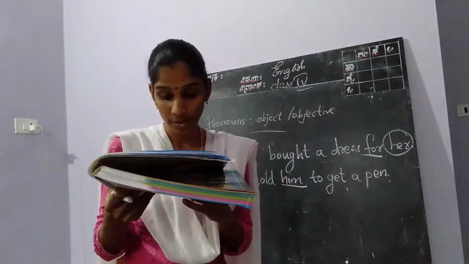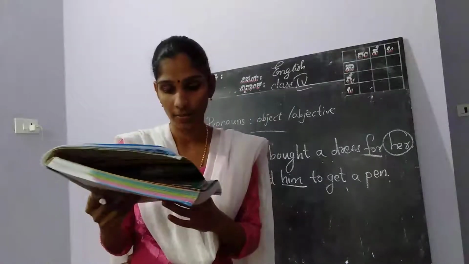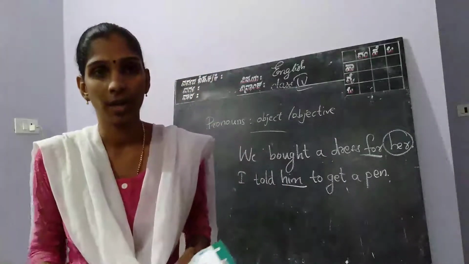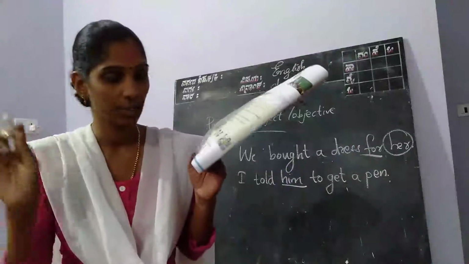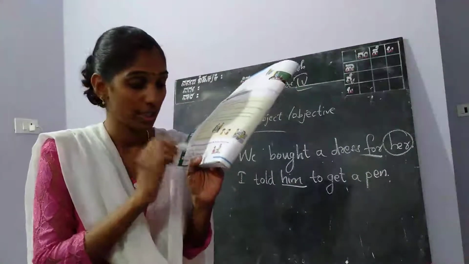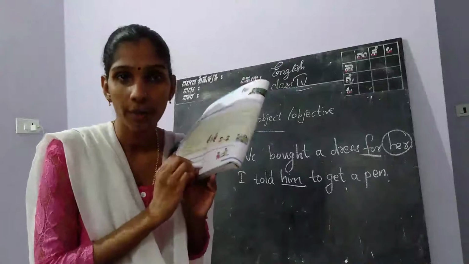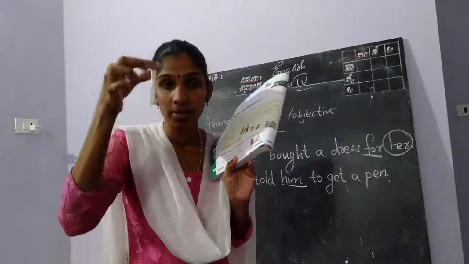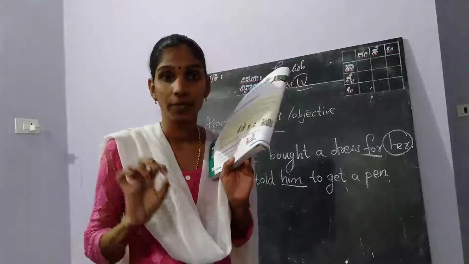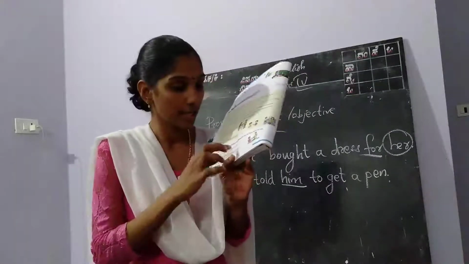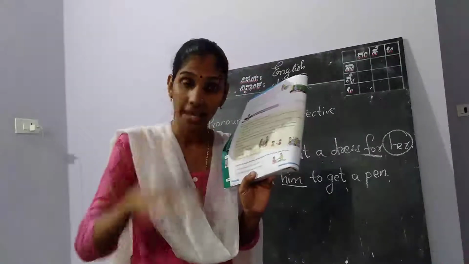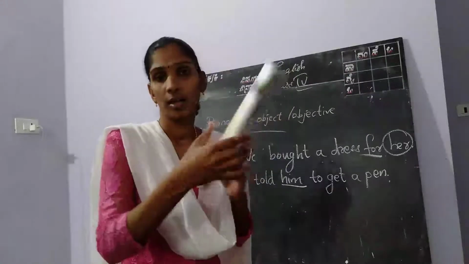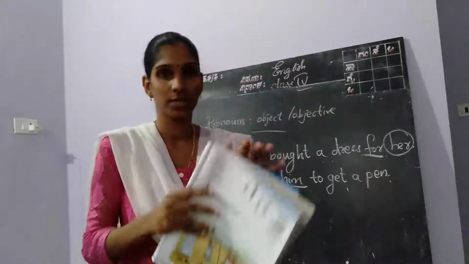Please don't drop it. Here it is an objective pronoun and it is used after the word drop. Dropping something, this chalk piece dropped from my hand. Drop is an action word, and after drop, it is used.